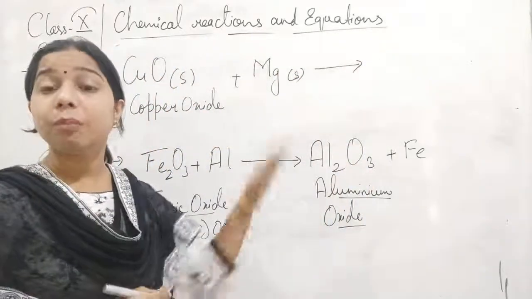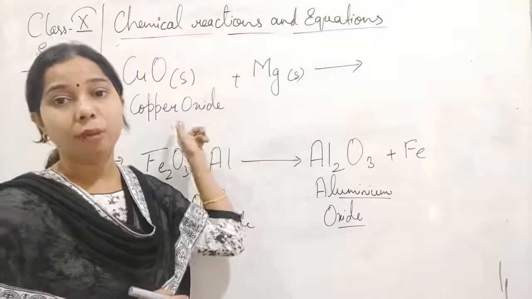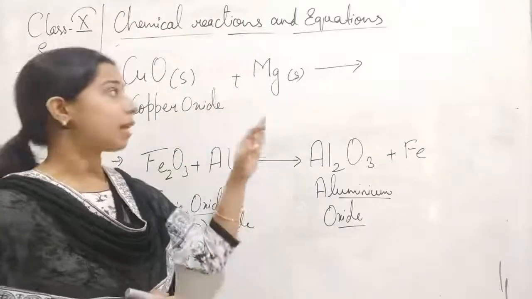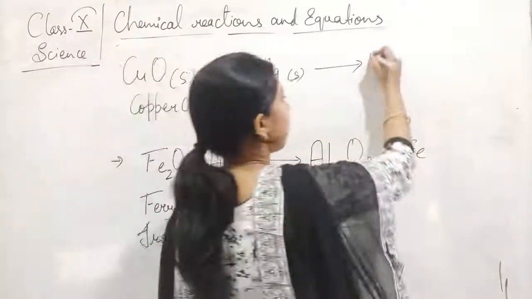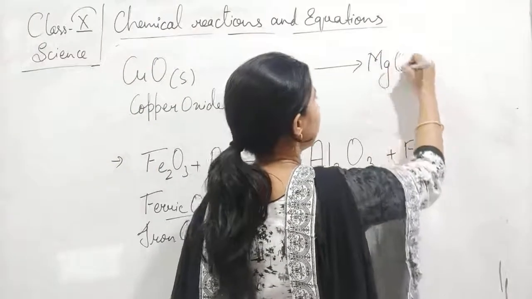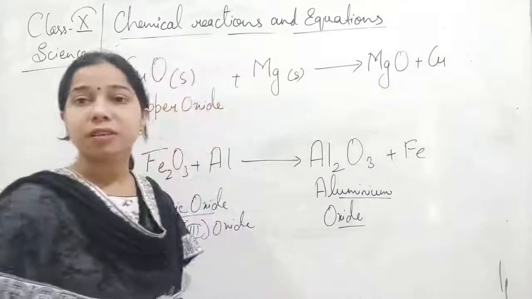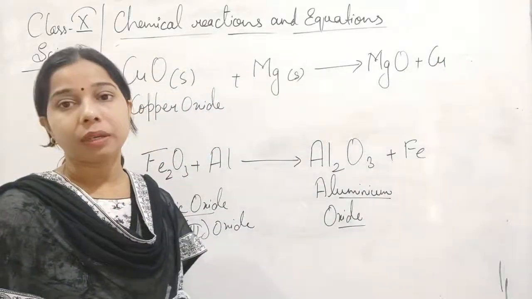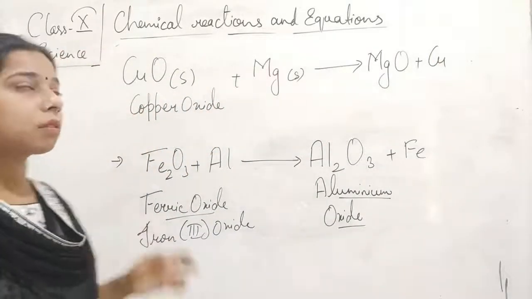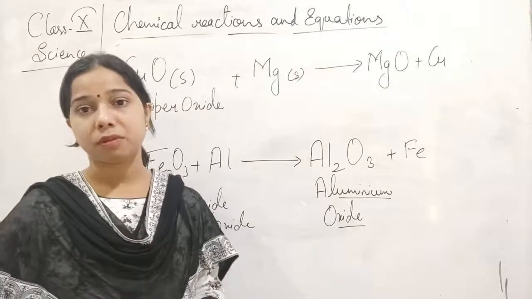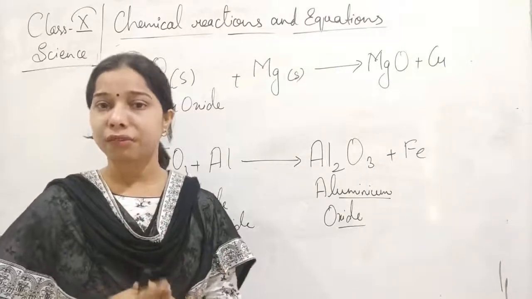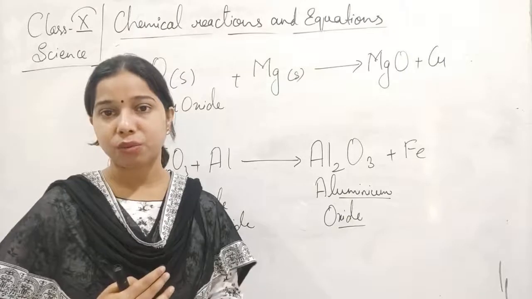Magnesium, being more reactive than copper, will displace the copper, and instead there is a formation of magnesium oxide, and copper will be formed as a residue. It will be reddish brown in color. So this is also an example of a displacement reaction. So these all are the different examples of displacement reaction, students.